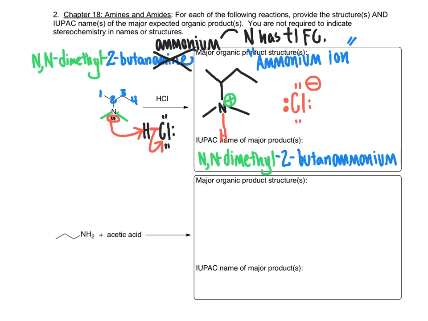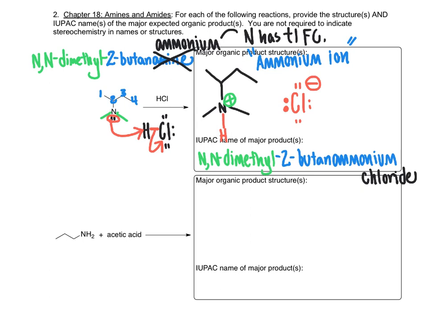And then generally with these, we also name the anion that's bonded to it. And our anion here is our chlorine. A chlorine with a negative formal charge we refer to as a chloride, much like with sodium chloride. The chlorine has a negative formal charge. So N,N-dimethyl-2-butaneammonium chloride is the full name for the product of this particular reaction.